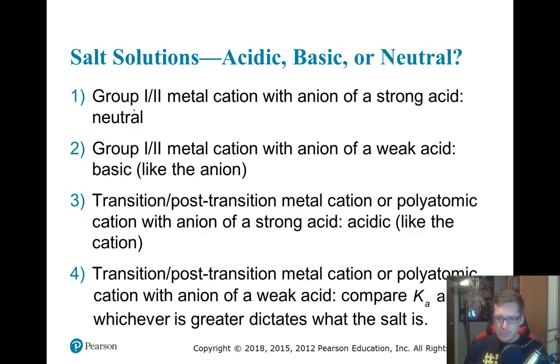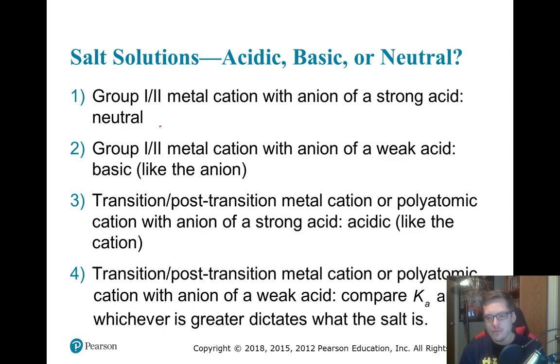So this is giving you rules for what your cation is, what your anion is, and what your solution will be. If you have a group 1 or 2 metal cation with the anion of a strong acid, you will have a neutral solution. If you have a group 1 or 2 metal cation with the anion of a weak acid, then you'll be basic.